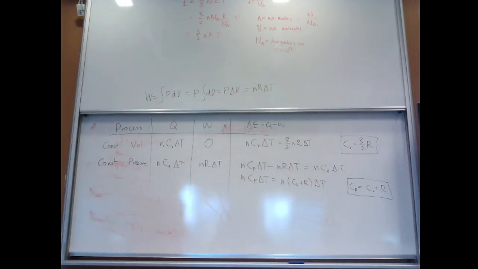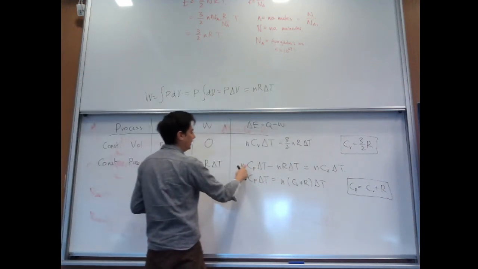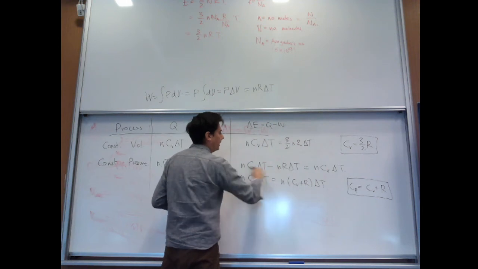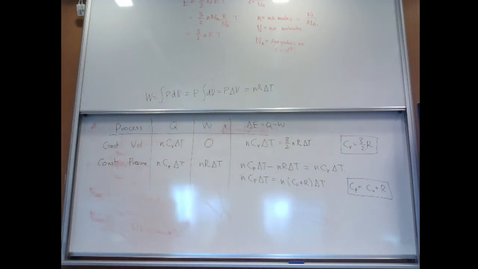So, just to recap, this is just the definition, right? This is delta E equals Q minus W. And then for this one, we just used this relation here for the internal energy, which should always be true no matter what the process is. The internal energy is only dependent upon the temperature, not the process, right? So we're doing a constant pressure process, but it doesn't matter.